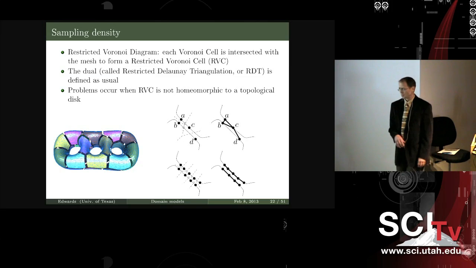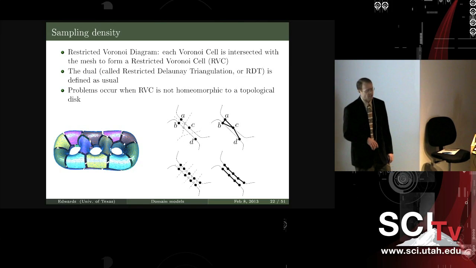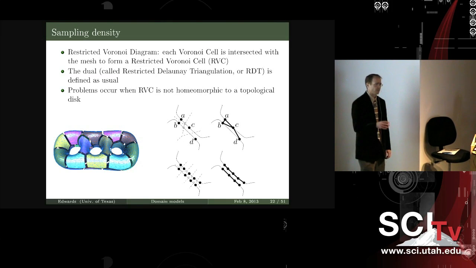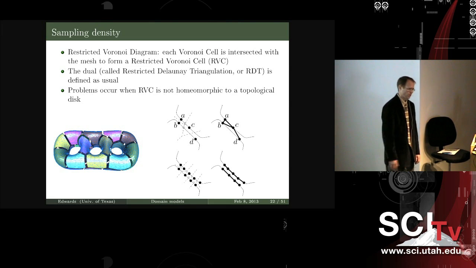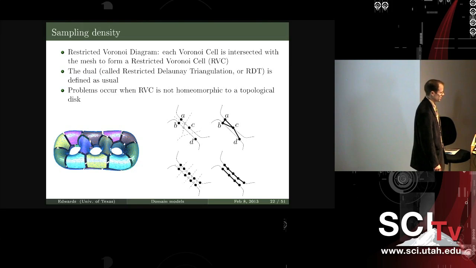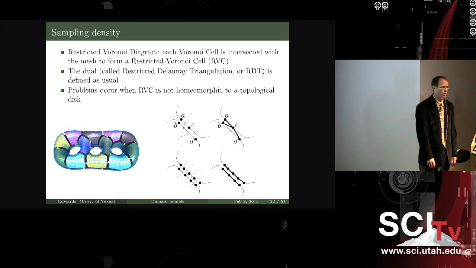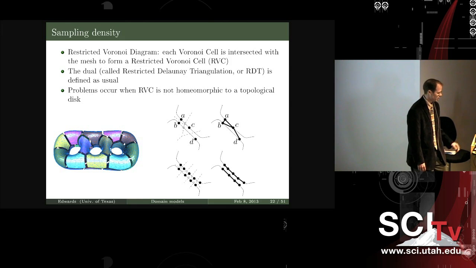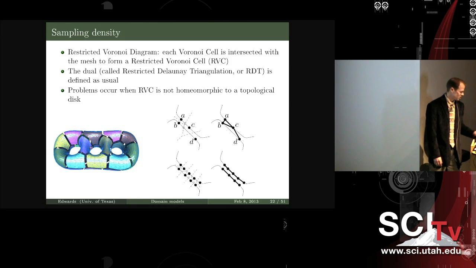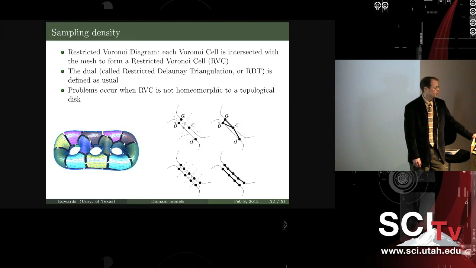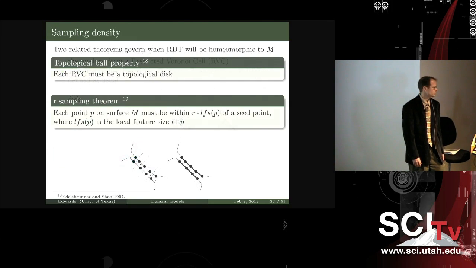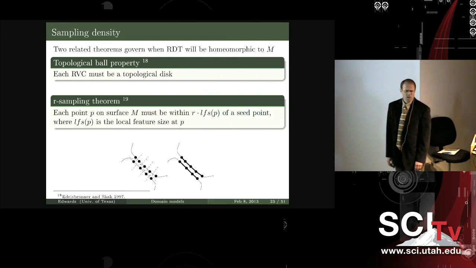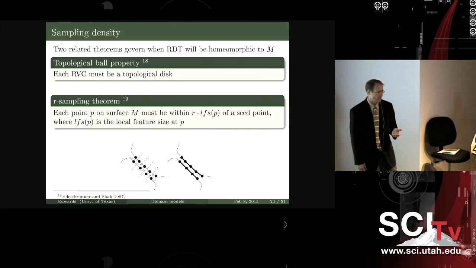The bottom two have a much higher sampling density. And because of that, it has topological correctness. The intersection, the restricted Voronoi cell, does not have more than one connected component in each case. And so we get a proper, correct topological reconstruction. There are some governing theorems that talk about this.